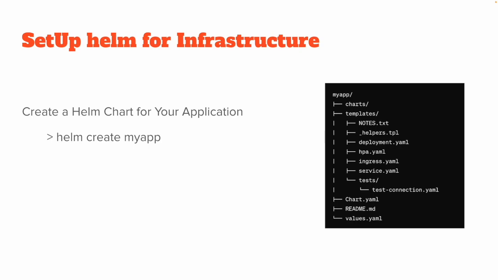To set up our infrastructure with Helm, if you already installed the Helm command, you can type helm create my app, and it will auto-generate the basic files that we need for Helm.